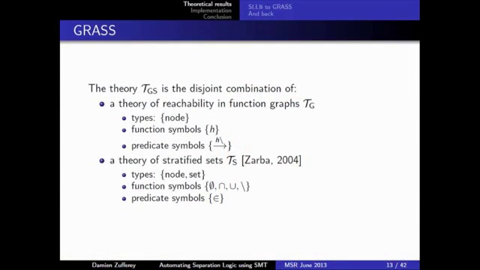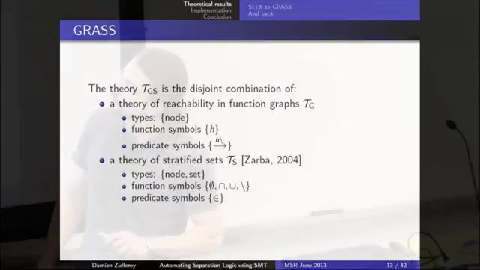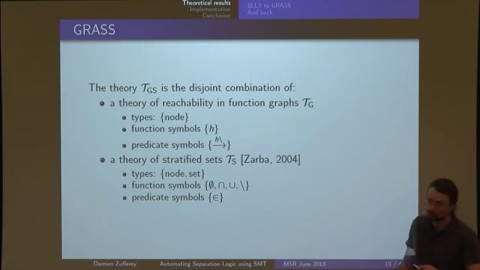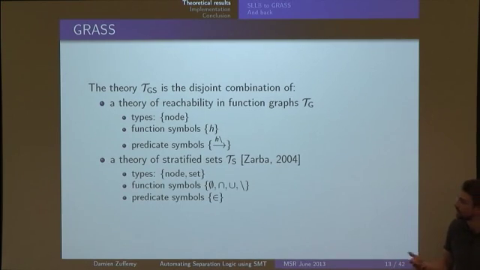So maybe just, those parts about this theory of functional graph reachability, just types of the element here at node. Here we consider just one successor function, which is h, but you can have a fixed finite number of h if you want to, for the theory.